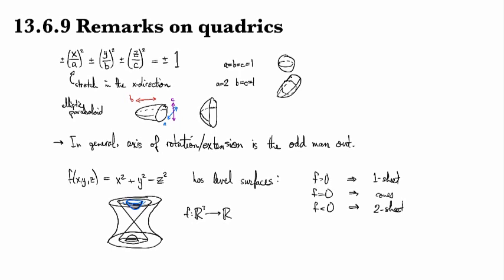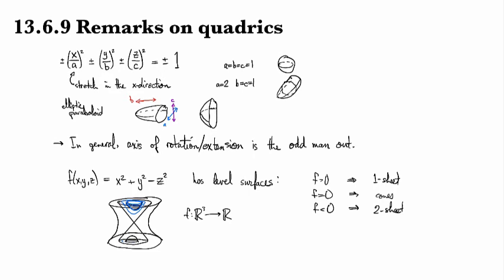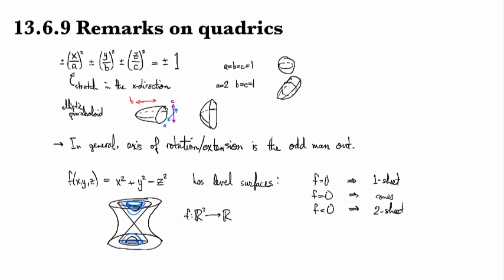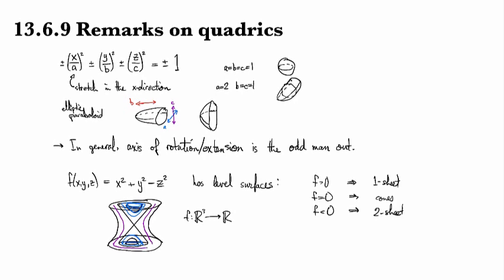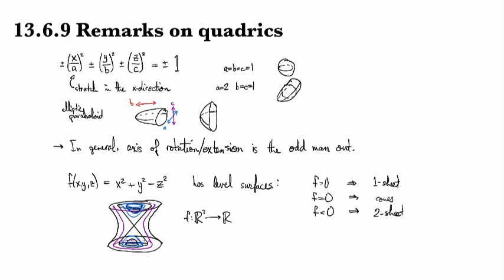So for anything inside the cone, it's going to assign negative values, and for everything outside the cones, it'll assign positive values. So maybe this is where f is equal to positive a half everywhere on this hyperboloidal surface, something like that.